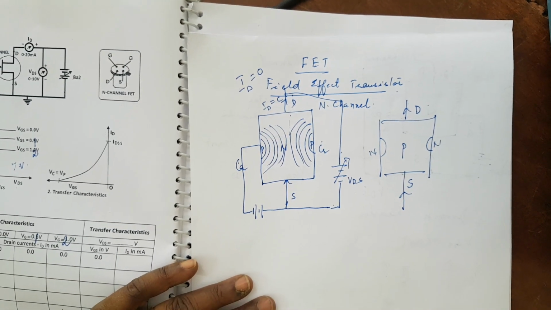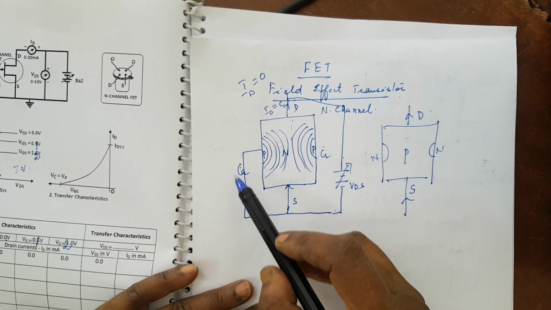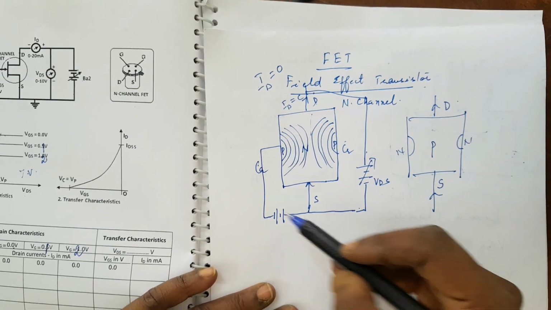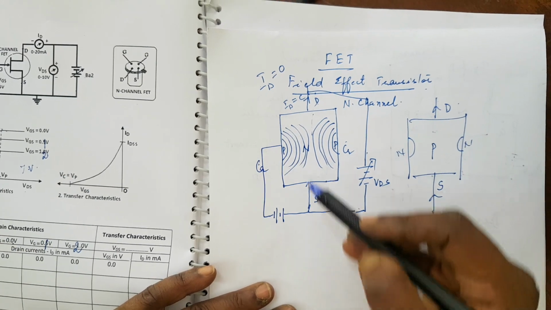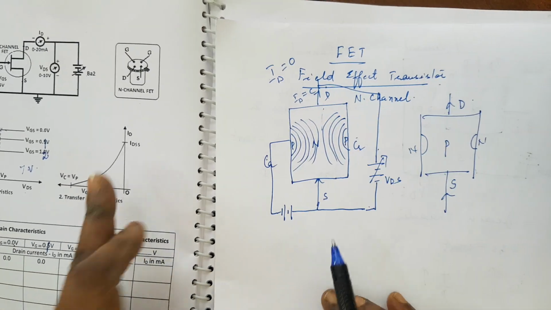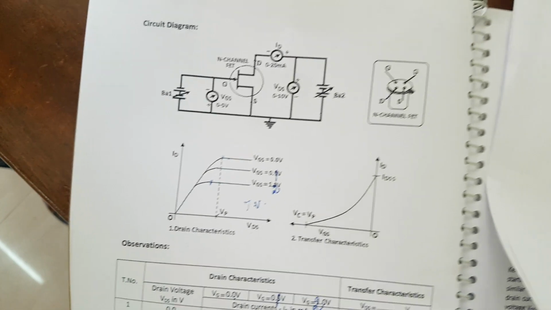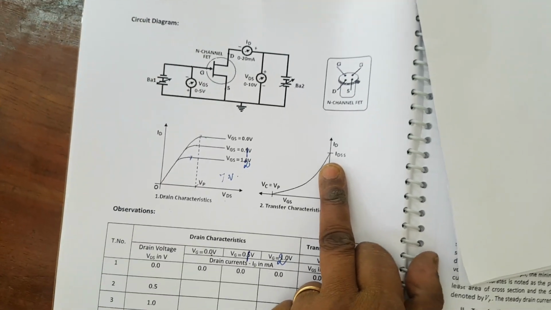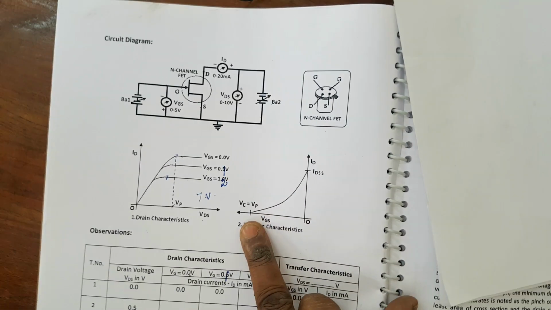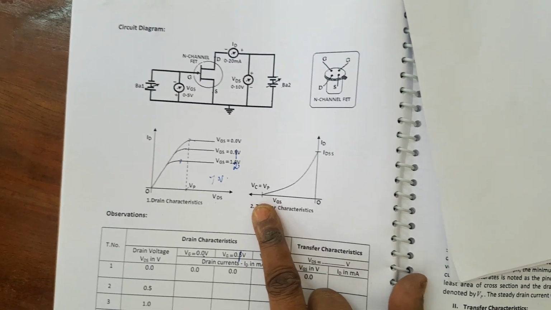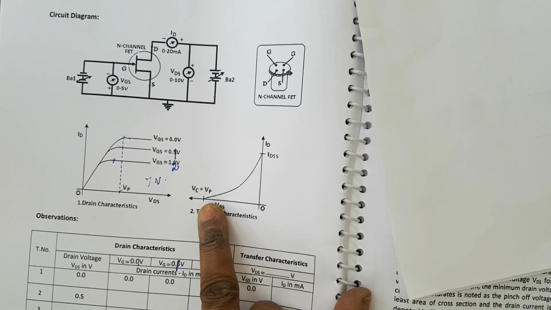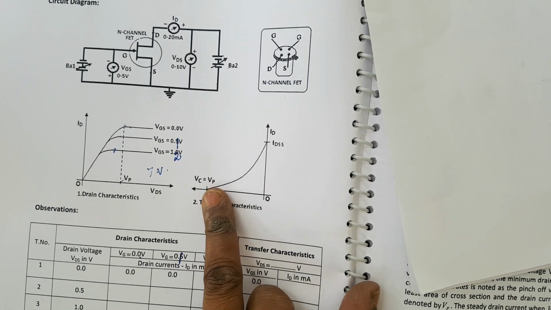So when you increase the negative voltage at the gate, the drain current will be 0. That's what we see here. So we will determine the drain source shorted current, which is somewhere around 10 milliamperes for this FET I have used, and I have seen that at a VGS equal to some 6 volts the current becomes 0.